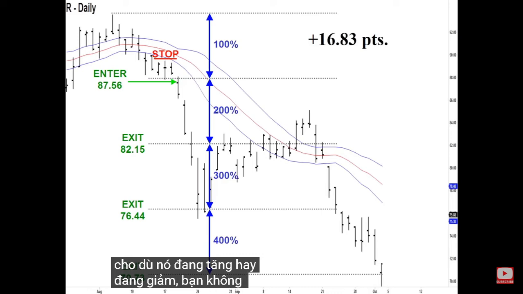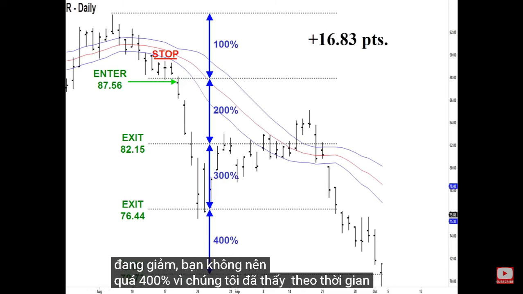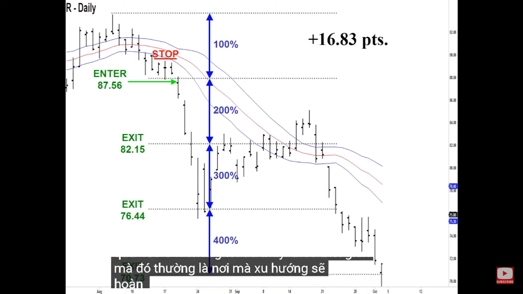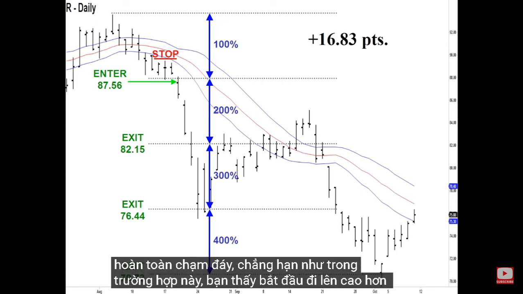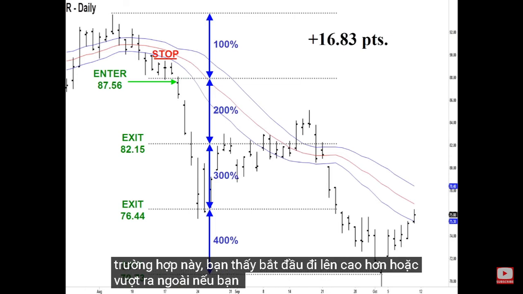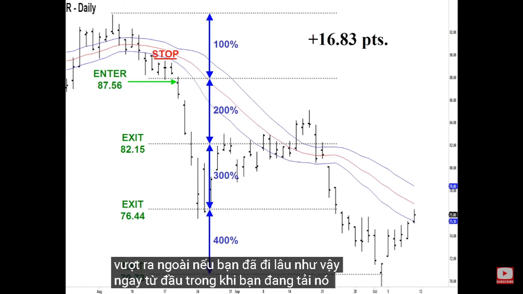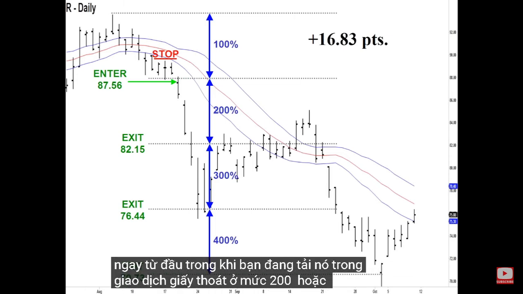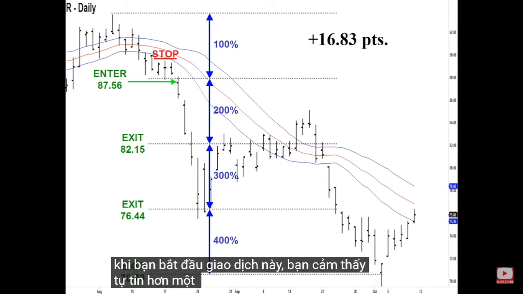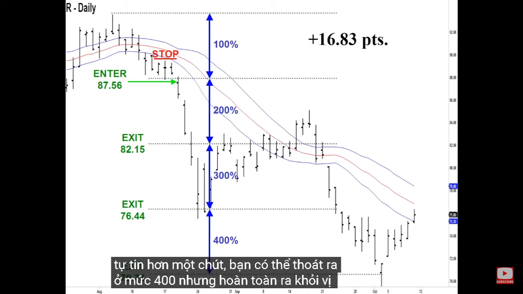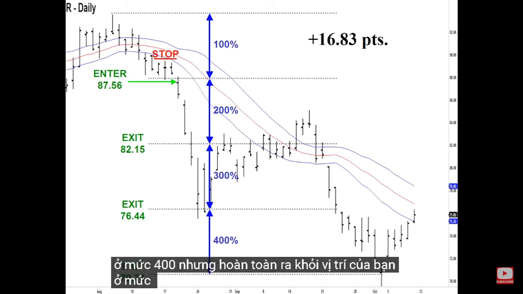You shouldn't be in any more than 400% because we've seen over time that that's usually where the trend will absolutely bottom out, such as in this case, you see it started to go higher, or top out if you were going long. So in the beginning, while you're learning this in paper trading, exit at 200 or 300%. Once you start to trade this and you feel a little bit more confident, you can exit at 400, but be out of your position entirely at 400.